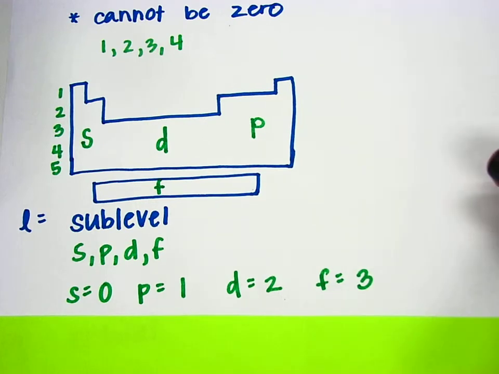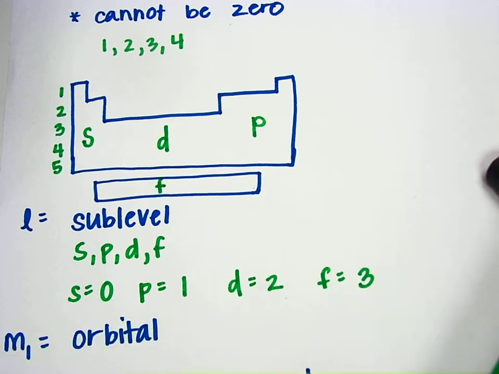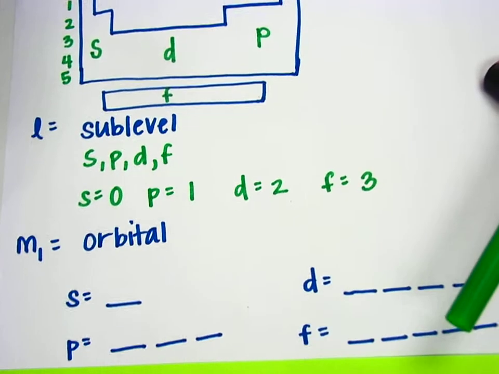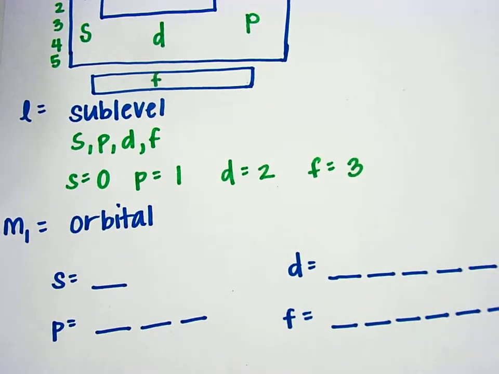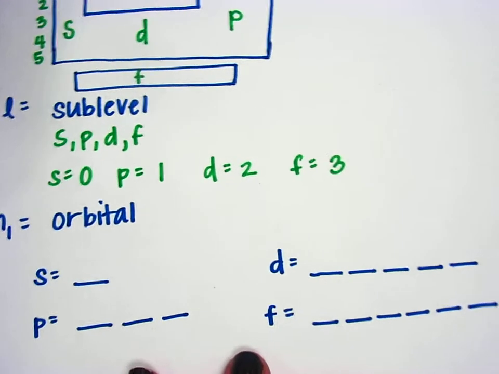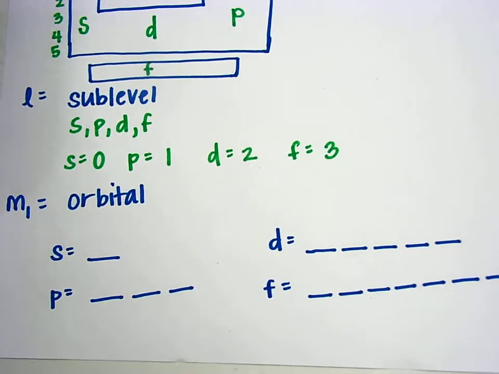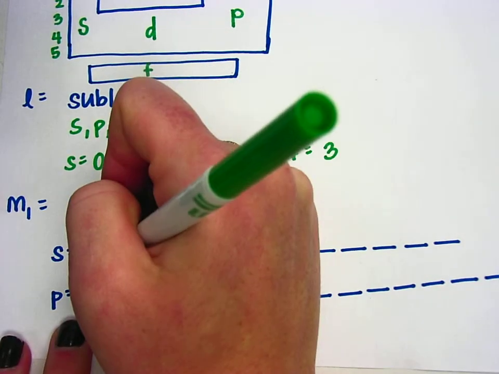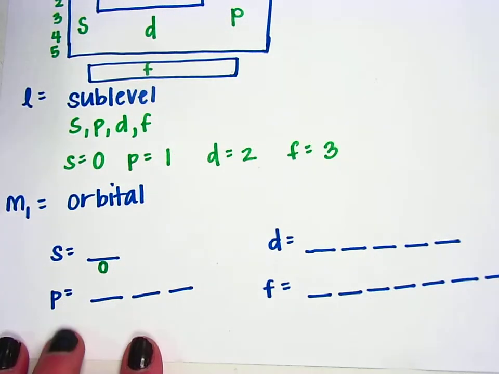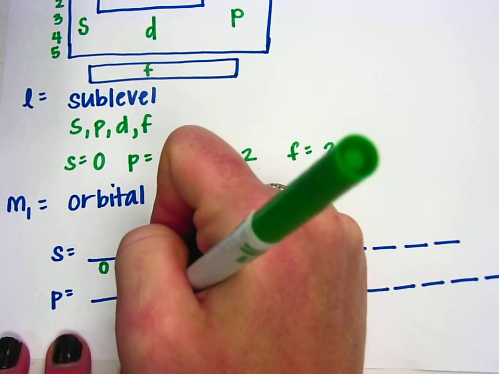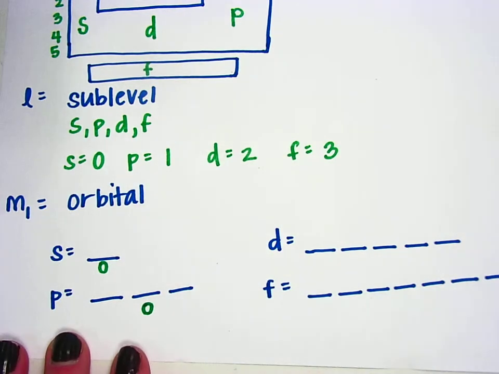And then the next variable we have is M sub L. So that's a little L basically there. And this is going to tell us which one of the lines our electron is on. So what you're going to do for the M is you're going to start in the middle, and you're going to start with 0. So since right here there's only one line, I'll start with 0. For P, I'll start with 0 in the middle, and then I'm going to work my way out like a number line.